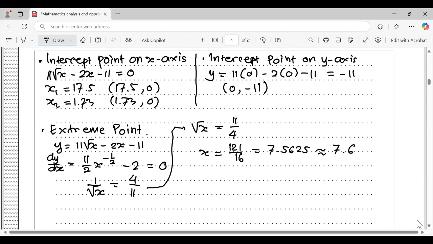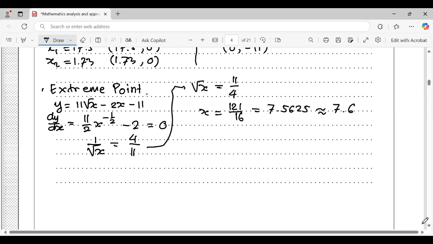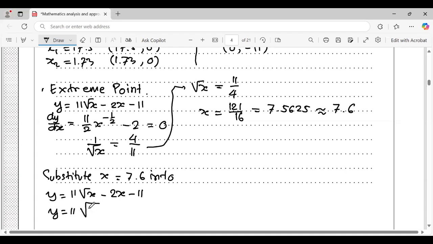Now substitute x equals 7.6 into y equals 11 square root x minus 2x minus 11.